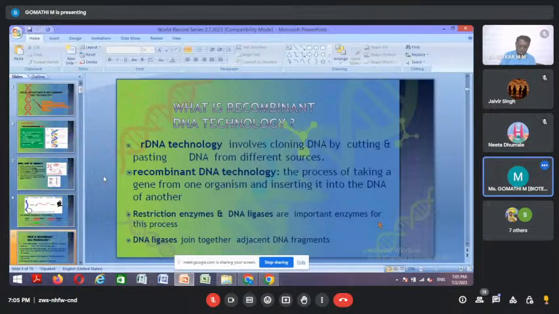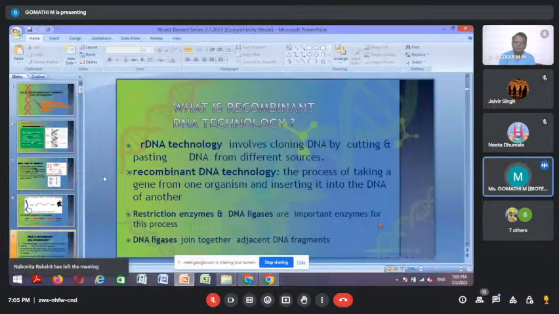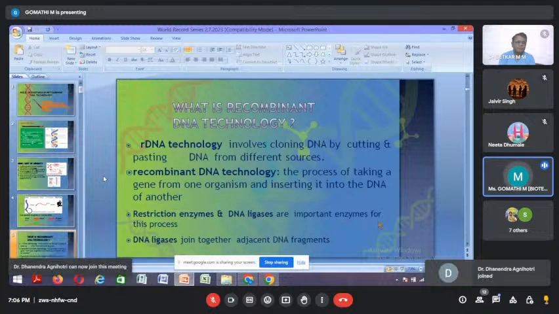The process of taking a gene from one organism and inserting it into another organism is called recombinant DNA technology. For this, we need enzymes and some other accessories. Particularly, enzymes called restriction enzyme and DNA ligase form the basis for this recombinant DNA process.